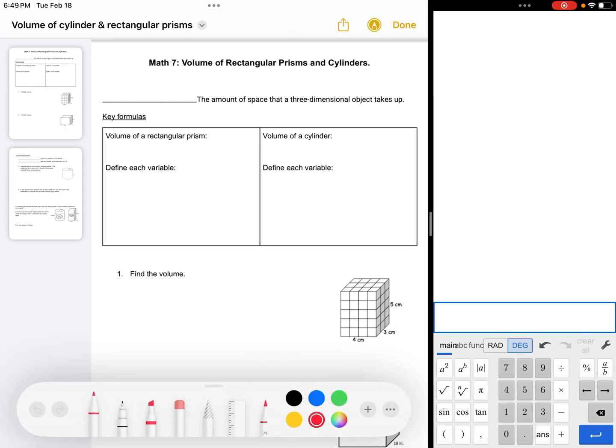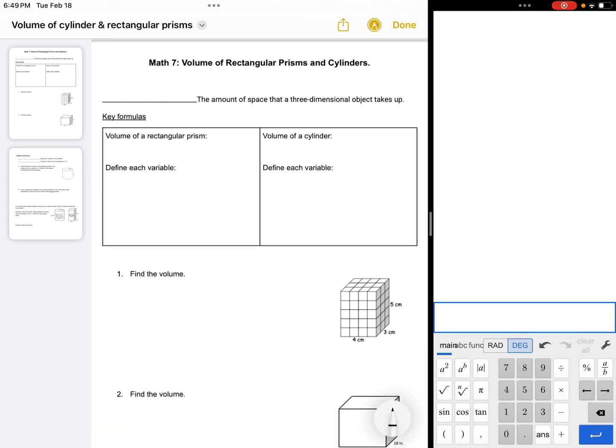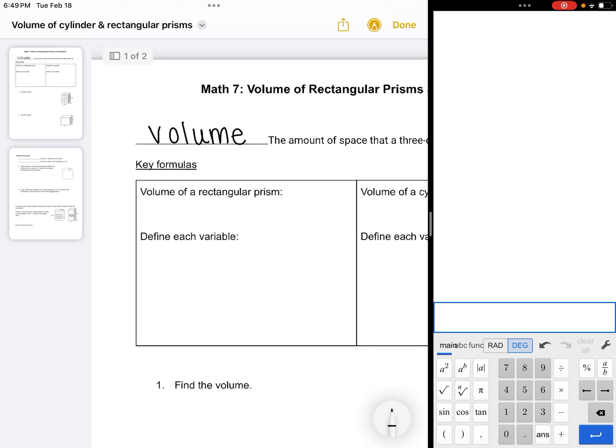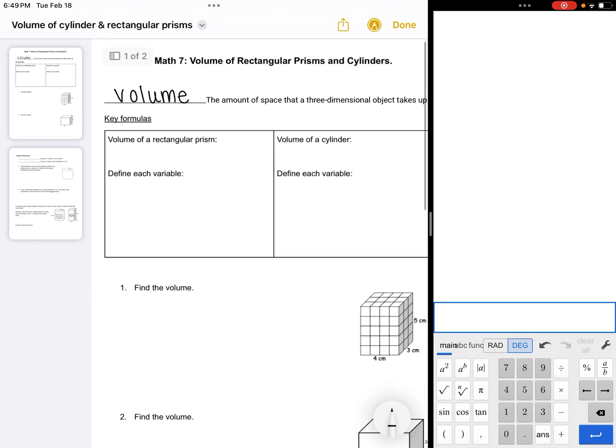So for our first one, we're going to write volume. I'm going to zoom in. We're going to be learning how to find volume of two different 3D shapes. The first 3D shape is called a rectangular prism.